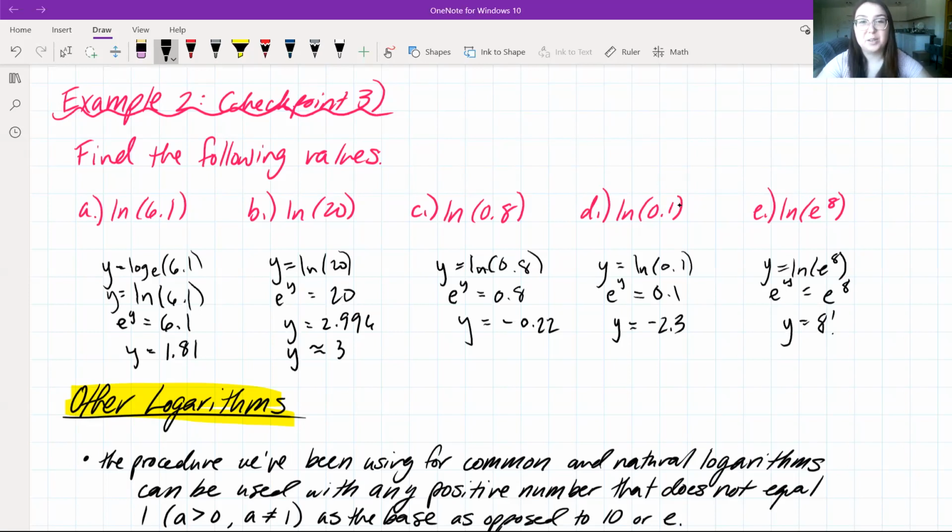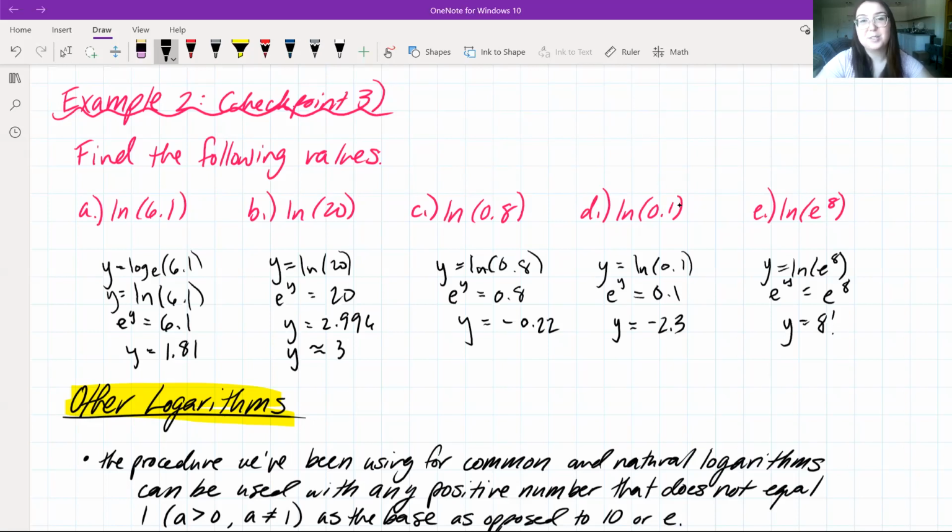An important thing to notice is that since the natural log has log base e, whenever you have e to an exponent as the x value, the natural log and e will cancel each other out essentially. So you'll just be left with whatever that exponent was. So in our case, we had the natural log of e to the 8th power.